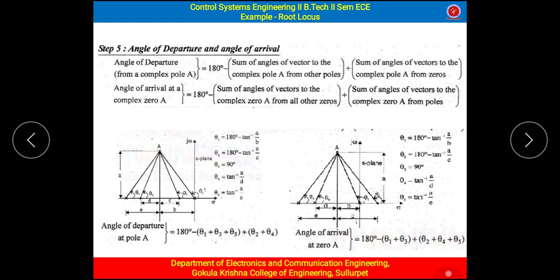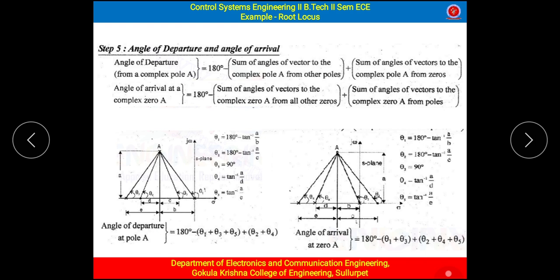So we have to draw the vectors from this pole, from this pole, and from here there is one more pole which is a complex conjugate. We have drawn these vectors, as well as from the zeros, from here and here. We have 5 vectors associated, and we want the angles of the vectors. So this is theta 5, this is theta 4, this is theta 3, this is theta 2, and this is theta 1.